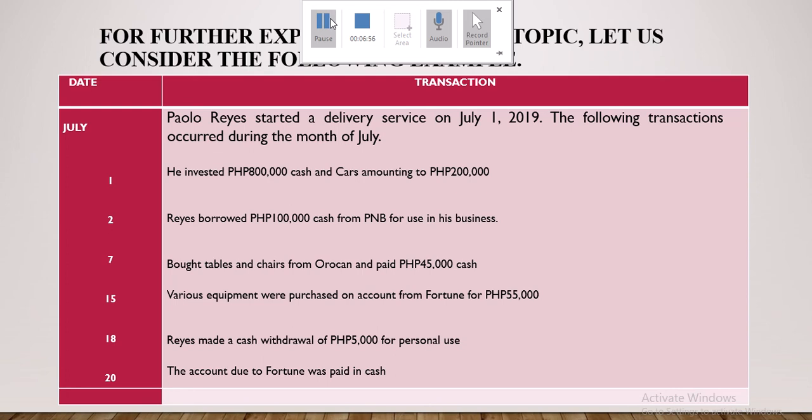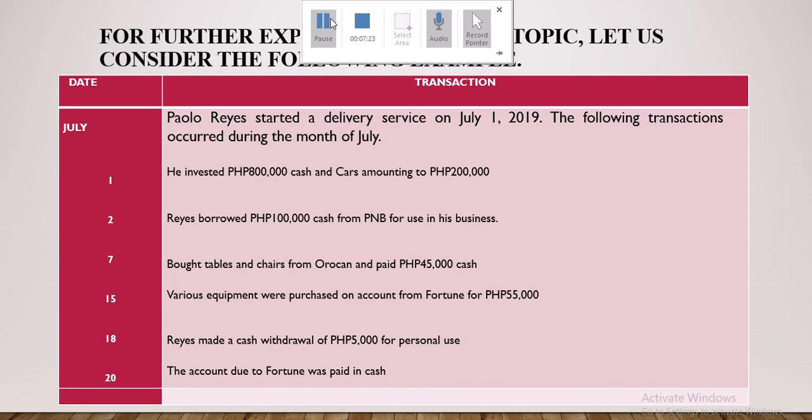Okay? Then on July 18, Reyes made a cash withdrawal. So nagwi-withdraw si Reyes ng 5,000 pesos for personal use. So that is his withdrawal. And then the next date, July 20, the account to Fortune was paid in cash.